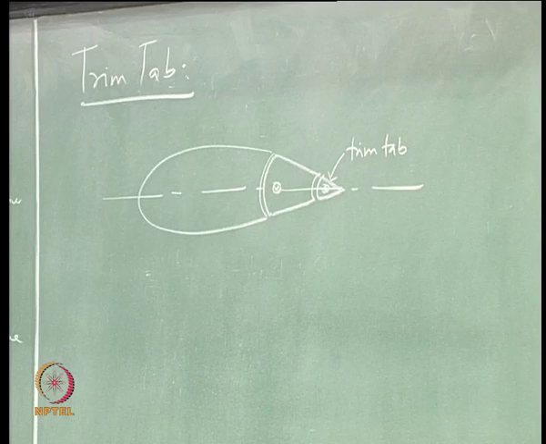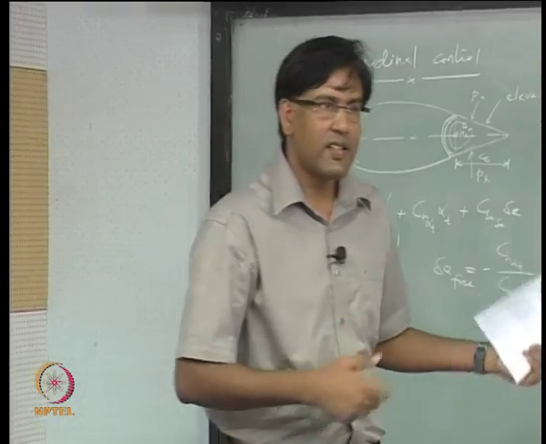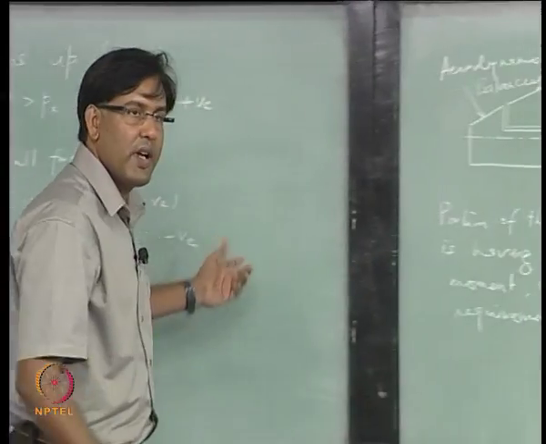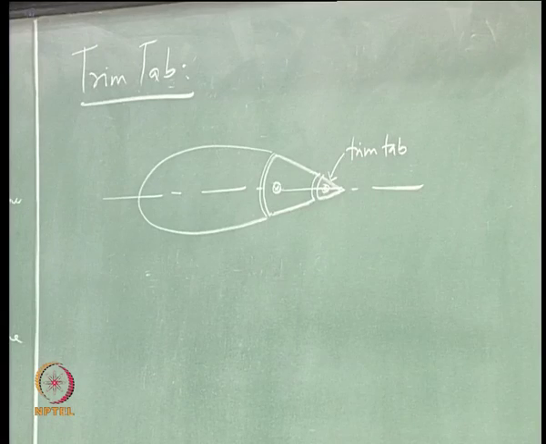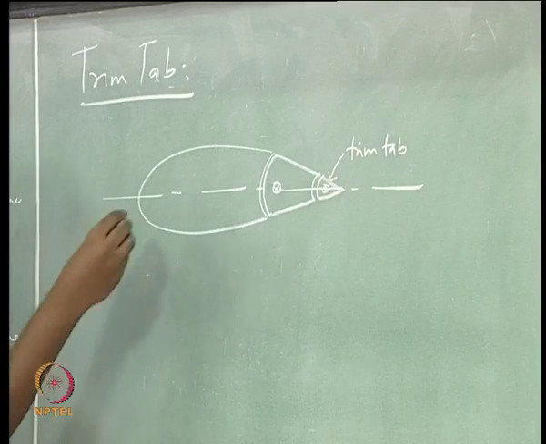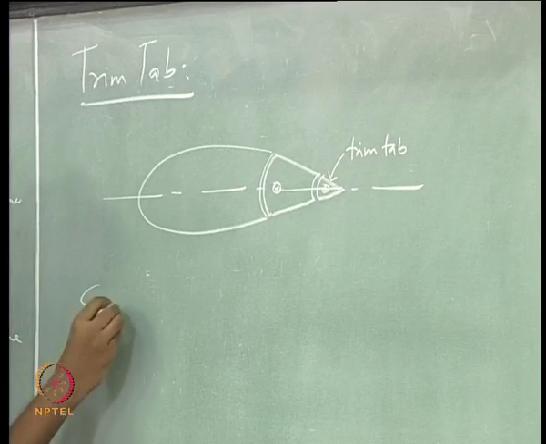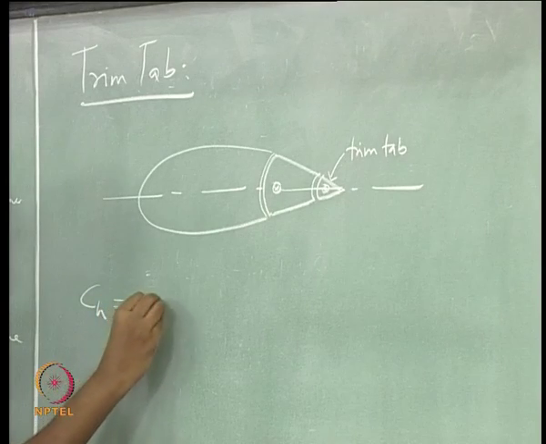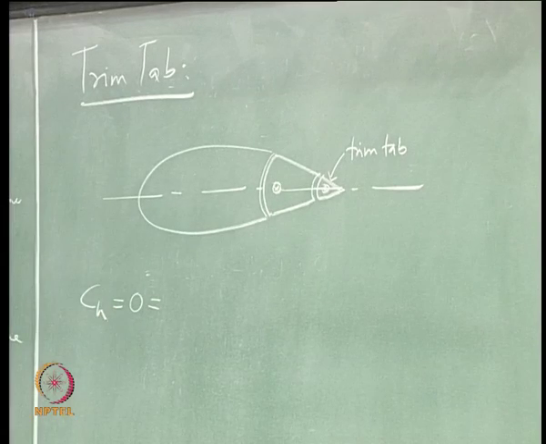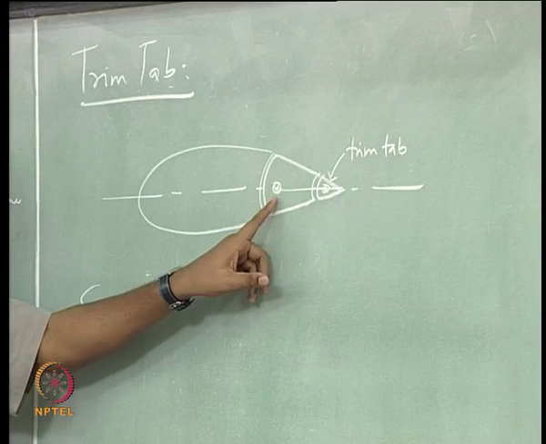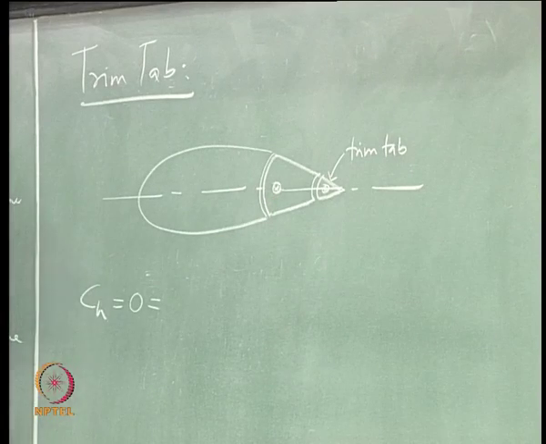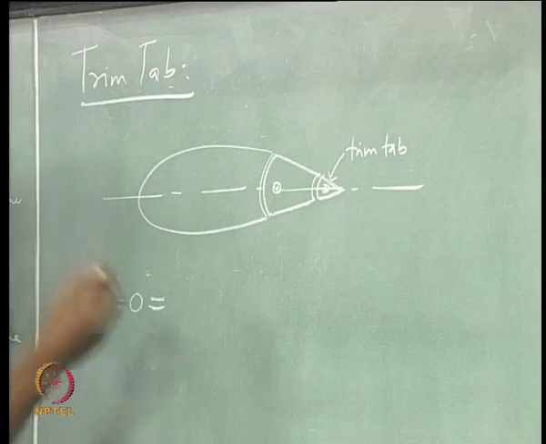What do you do? What is our idea? We want to cancel this hinge moment, isn't it? So now if I want to include this trim tab to make this hinge moment 0, which is about this hinge line, okay, and is free to rotate.